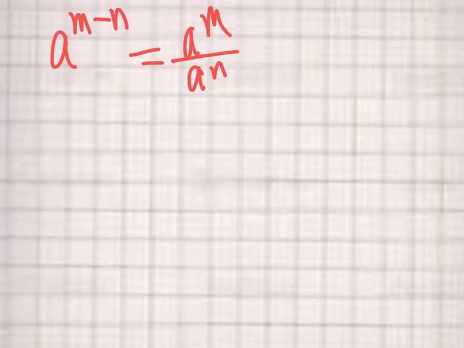Now the last law we're going to talk about is what is a to the power negative n? What is that? Now I have a question for you. This law right here, it looks like this one, but it misses something. Can you tell me what it is? Well, I'm sure that you tell me that it misses the m part, right? As you can see, a to the power m minus n, this one is simply a to the power negative n.